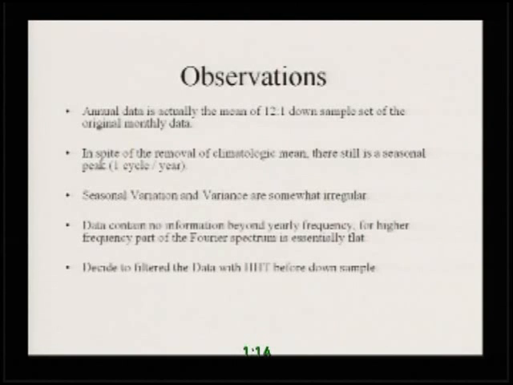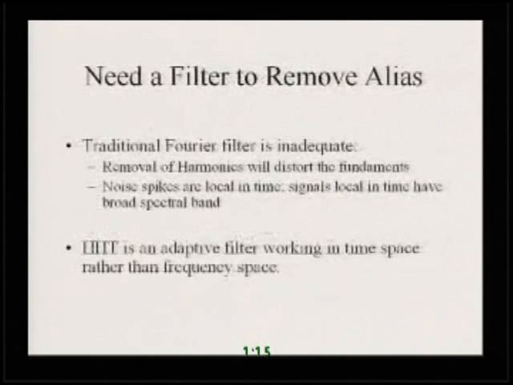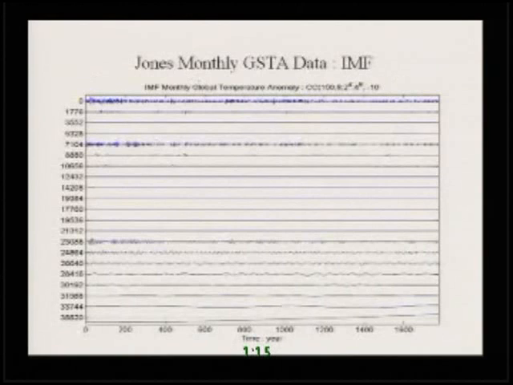So I decided to filter this data using HHT. How do I filter it? I process the data, and at that time we had not got the ensemble EMD yet.